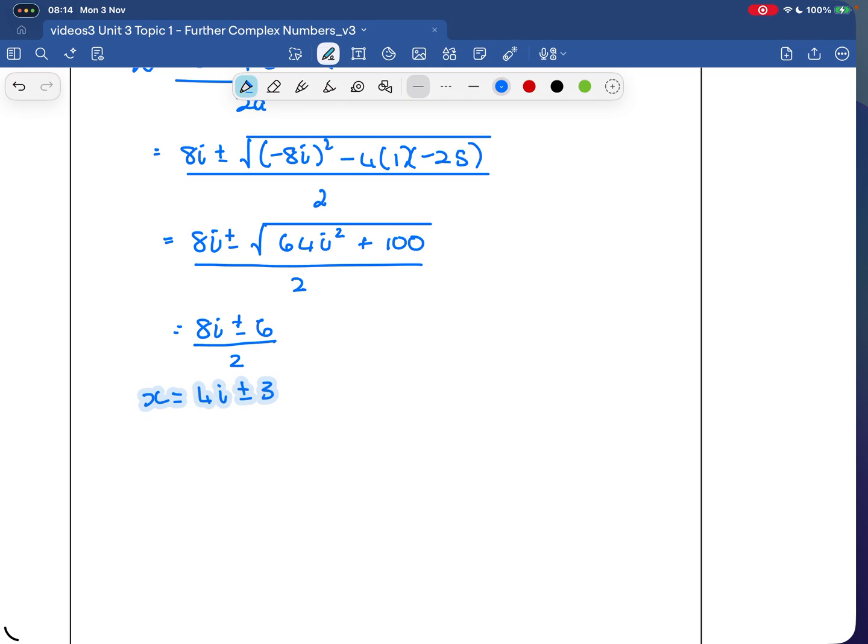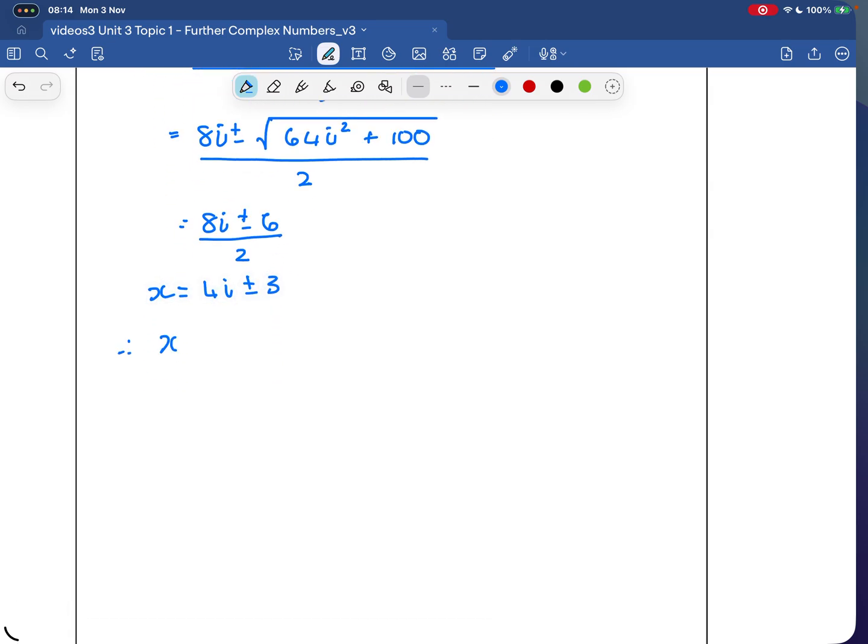Okay, that means that x is equal to 4i plus 3, or x is equal to 4i minus 3.